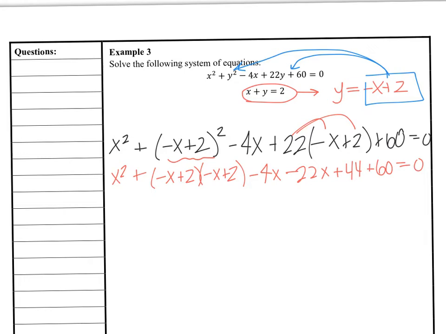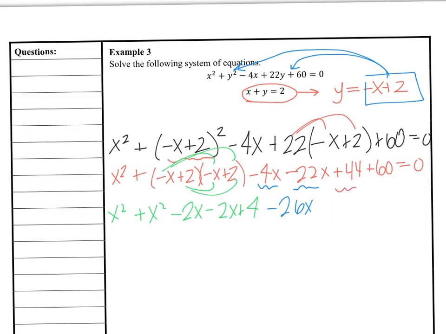Okay, in my next step I'm going to try to combine like terms, but I'm also going to double distribute. So I have x squared plus x squared minus 2x plus 4. Then I've got this minus 4x minus 22x, so minus 26x.